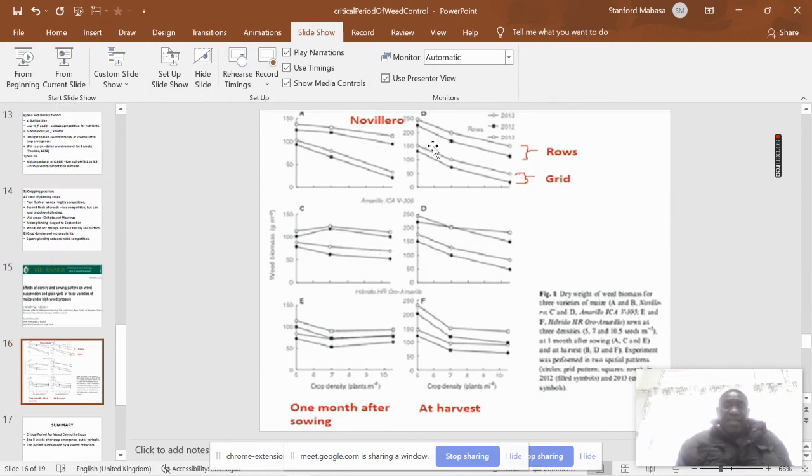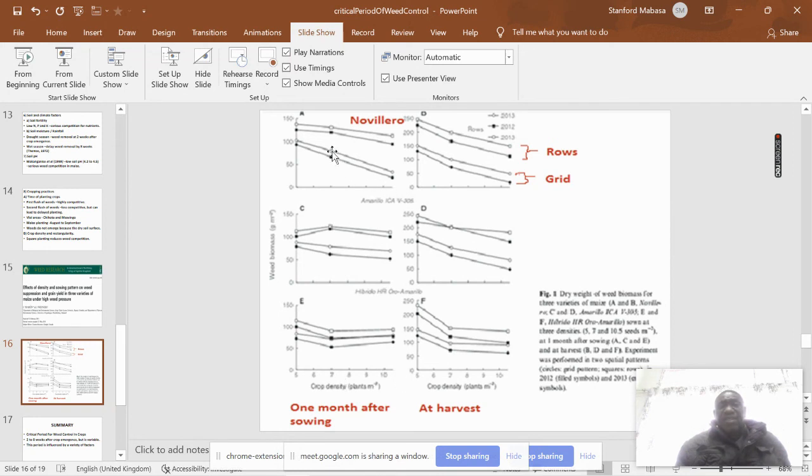Here I've got 3 varieties, and the weeds were monitored 1 month after sowing and at harvest. What I wanted to quickly point out is that using this variety, Novilero, a maize variety, when it was planted in grids, you could see that weed biomass could be reduced as crop density was increased.